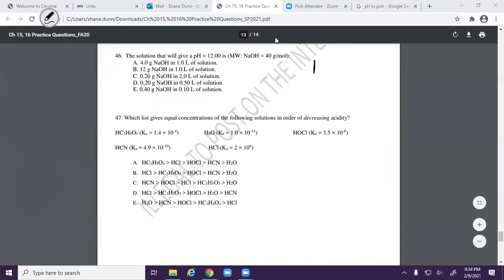Molarity is also equal to what? We've got to turn all those grams into moles and divide by the liters.